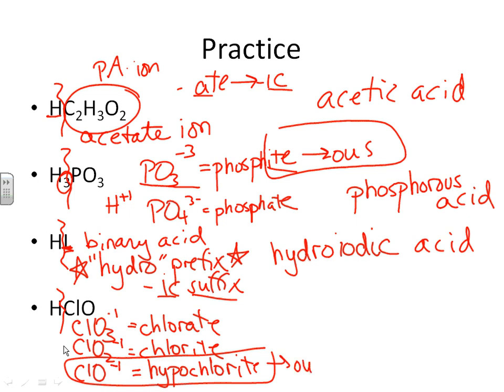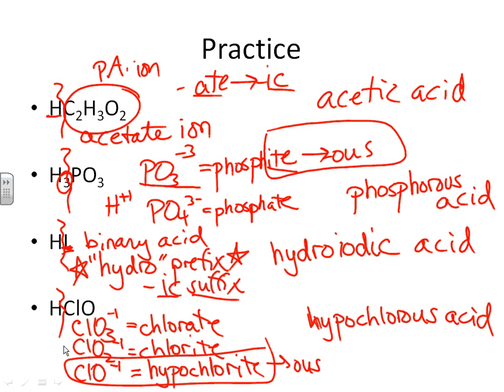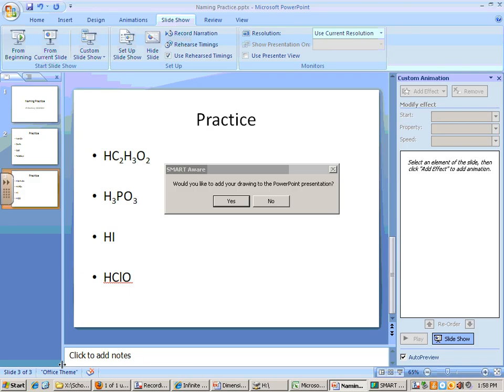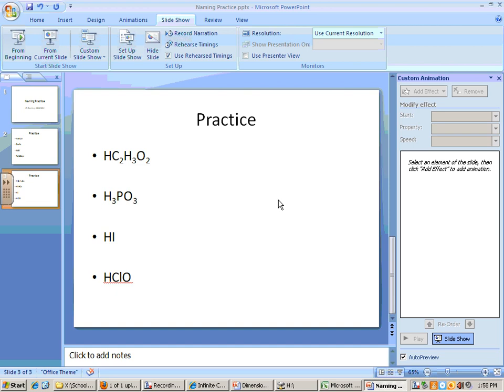So instead of the hypochlorite ion, and you stick an H plus out in front, this is going to be hypochlorous acid. You're keeping that hypo out in front. That's important because that's indicating how many oxygens we have in the compound, and simply changing the suffix there to make it hypochlorous acid.